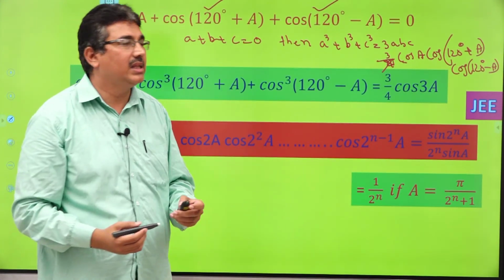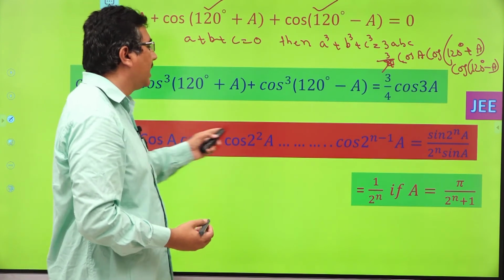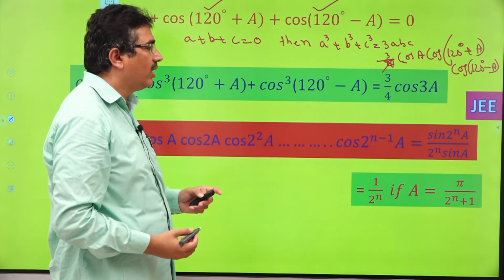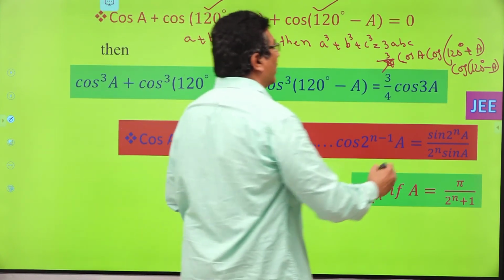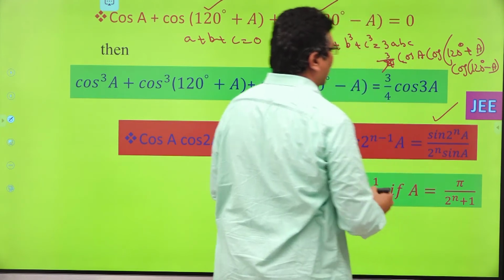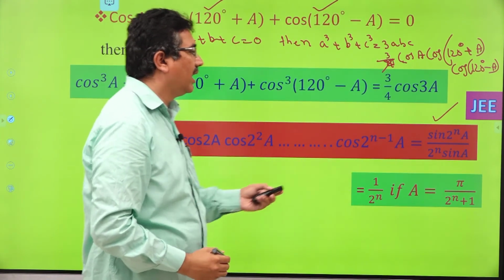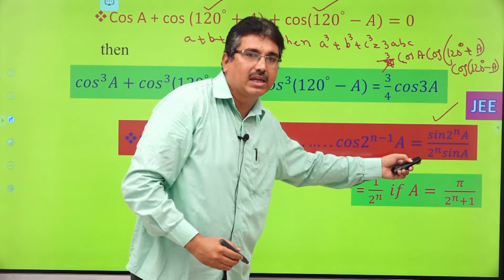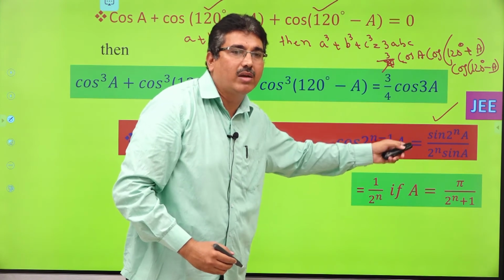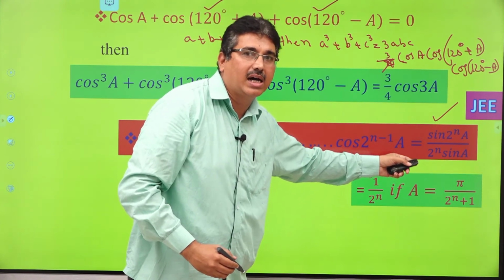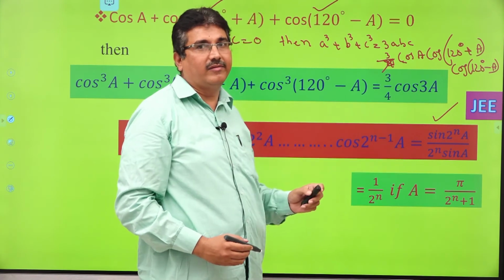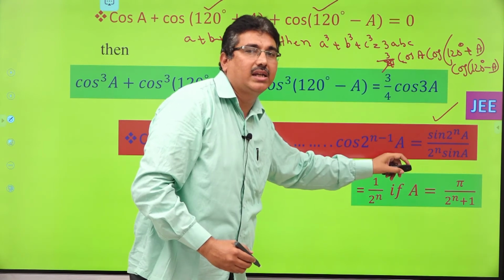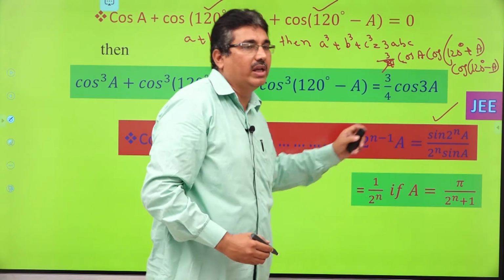If the angles are in GP, the product in terms of cos is equal to sine of 2 power n into A divided by 2 power n sine A. The result is this, but the value is always equal to either 1 by 2 power n or minus 1 by 2 power n.